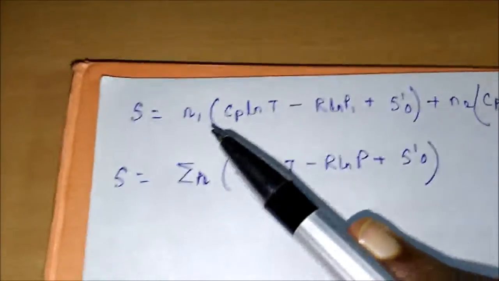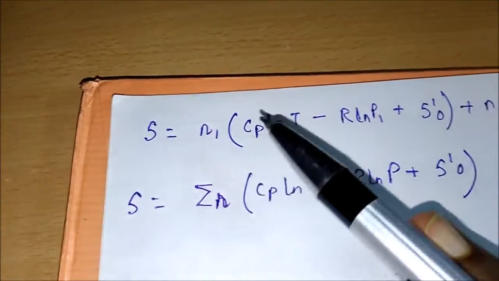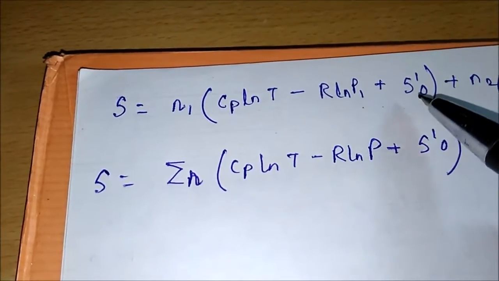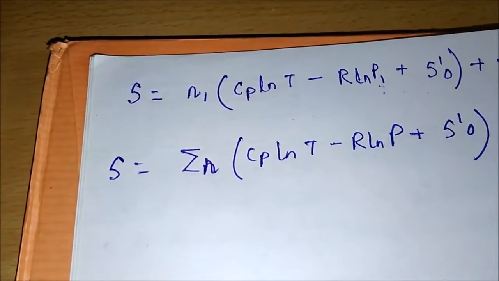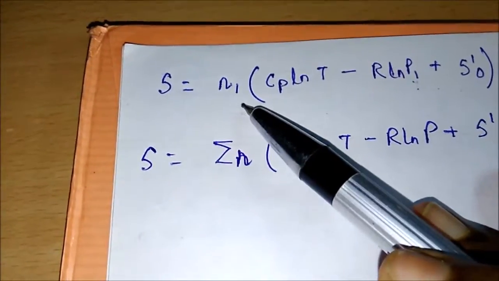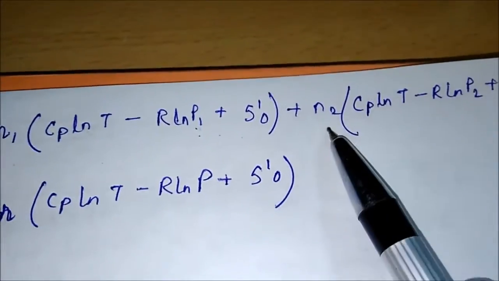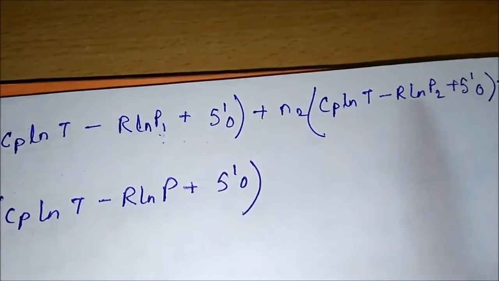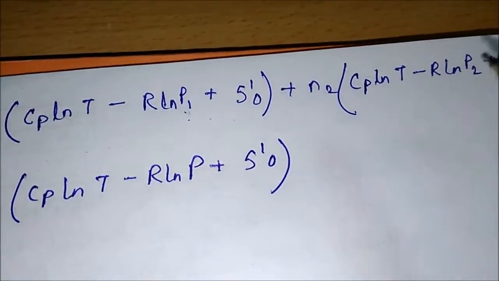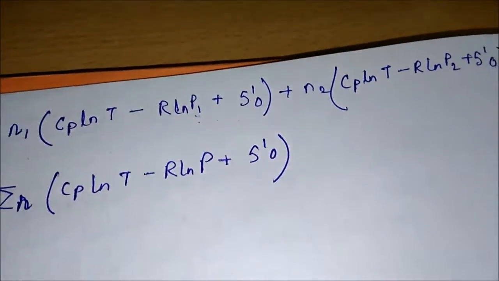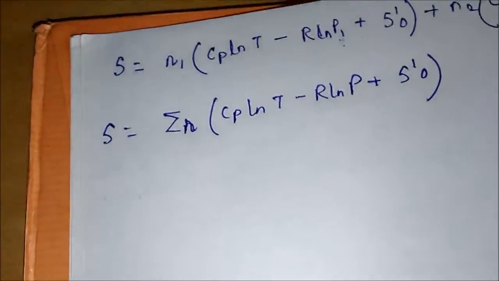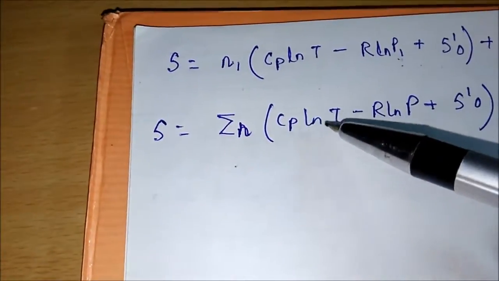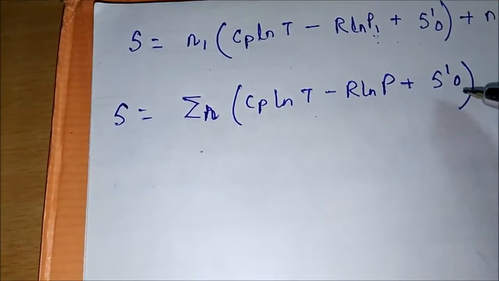Okay, how will the equation be affected? Let's see. If we continue and modify the equation, we will get N1 Cp ln T minus R ln P1 plus S dash naught. P1 is the pressure of the first gas and N1 is the mole number of the first gas. Similarly, we get N2 Cp ln T minus R ln P2 plus S dash naught, then N3 Cp ln T minus R ln P3 plus S dash naught, and continue this up to N. So we can write this as the summation of N times Cp ln T minus R ln P, plus S dash naught.